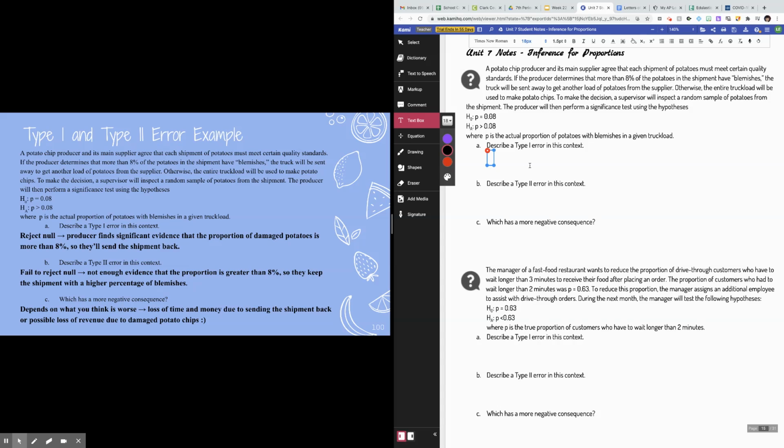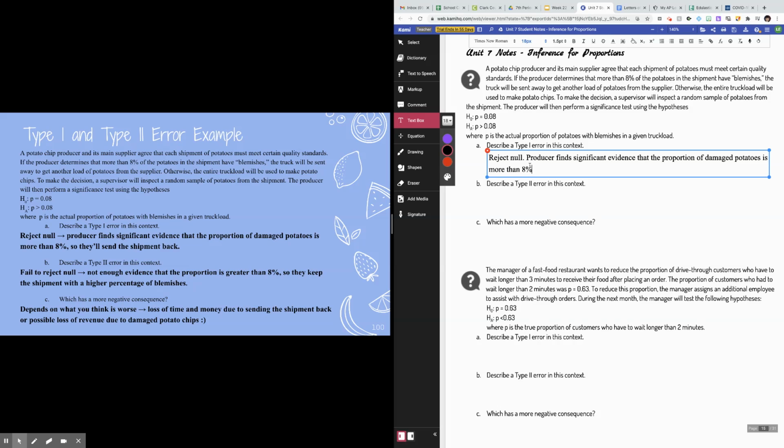So the decision that you make for a type 1 error is that you are going to reject the null. In context, this means that the producer finds significant evidence that the proportion of damaged potatoes is more than 8%.